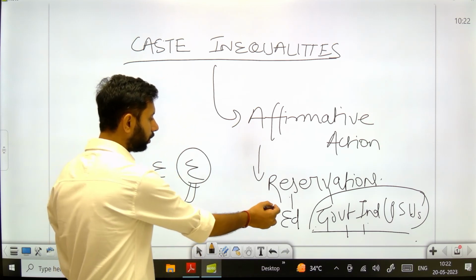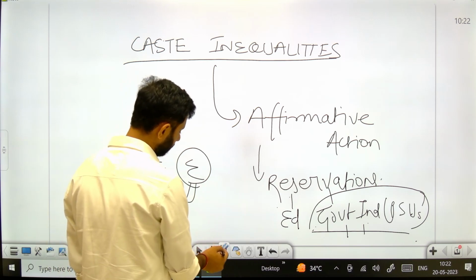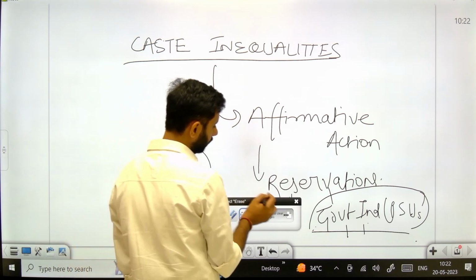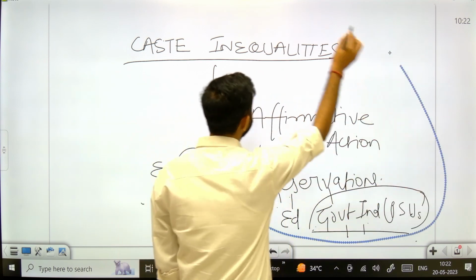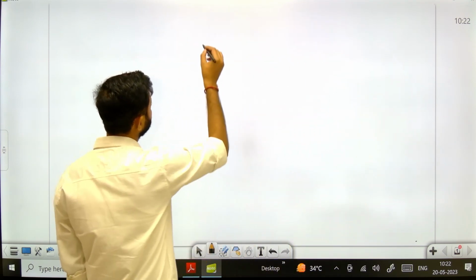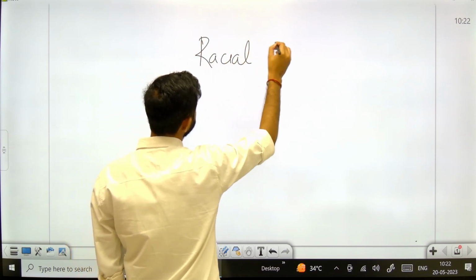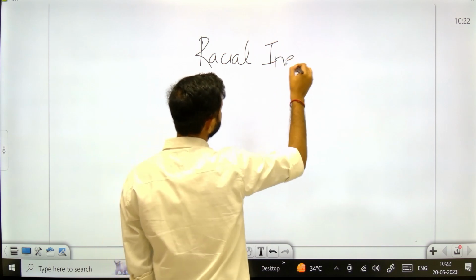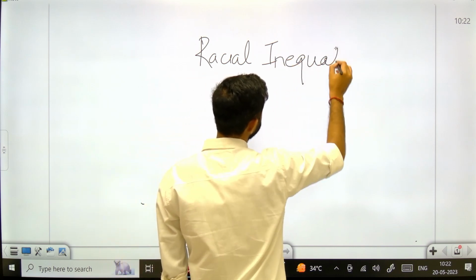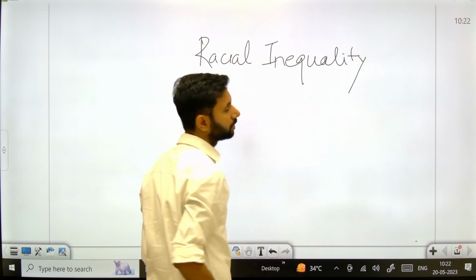Okay, so such policies will not be there in USA, but USA, although it doesn't explicitly follow it on paper, there is a history of racial inequality, racial discrimination in USA.